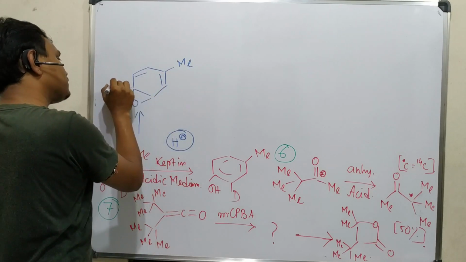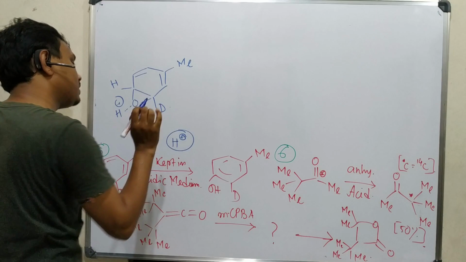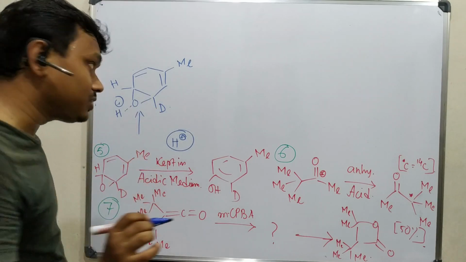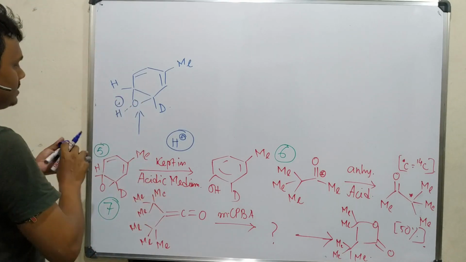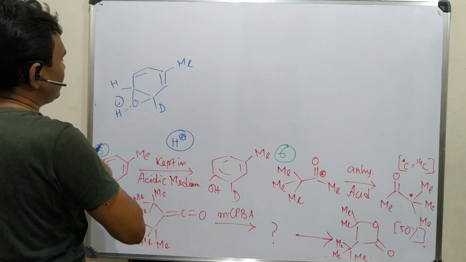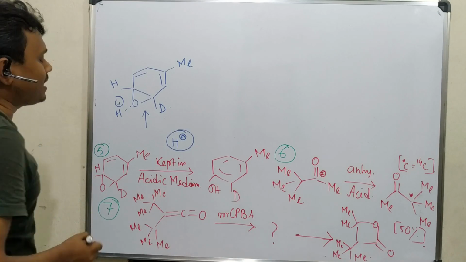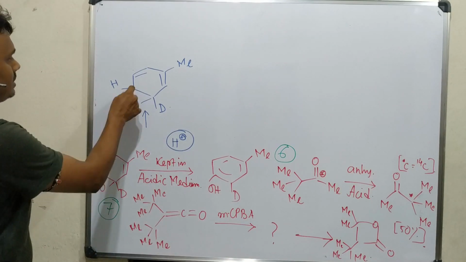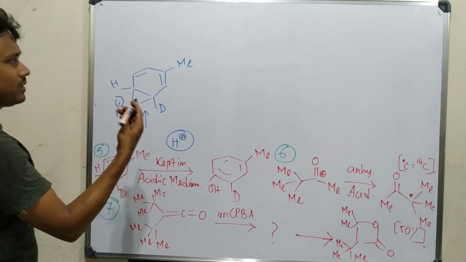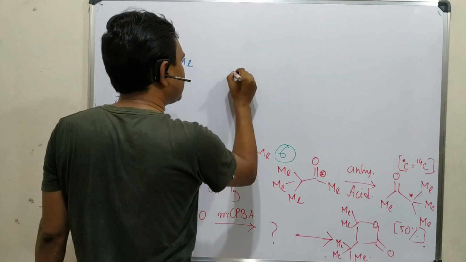When you have such a problem, please be careful, cool down your brain so that you don't make a mistake in a hurry. Okay, fine, this is produced. So now what can happen? As there are two chances, this side can open or this side can open. Let's think about that factor.